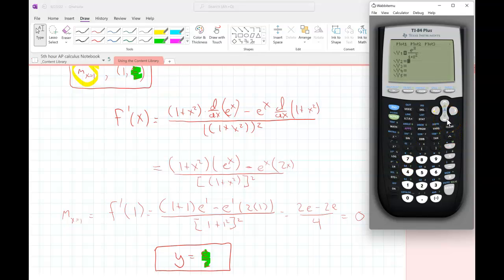So I'm going to type in my derivative. I'm going to type in my tangent line. And I might even, just to make this fancy, type in the point that we're given, which is 1 comma e over 2.